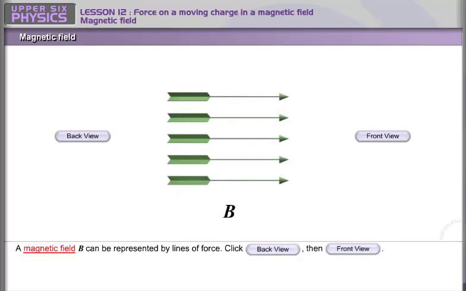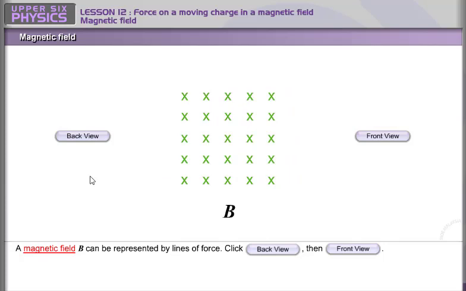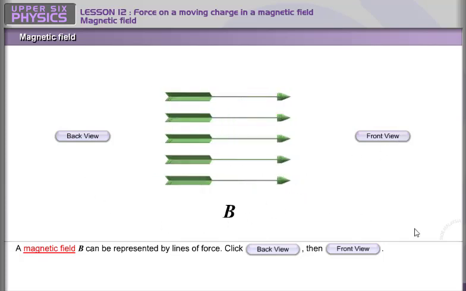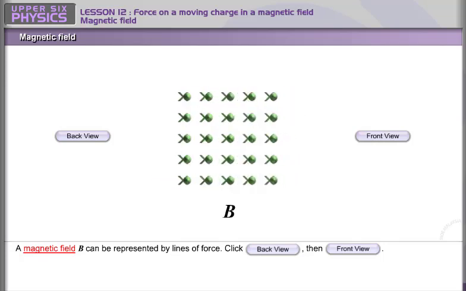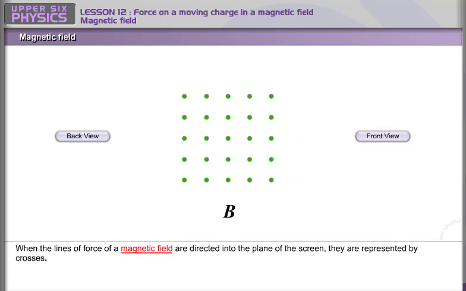A magnetic field B can be represented by lines of force. Click the back view button, then the front view button. When the lines of force of a magnetic field are directed into the plane of the screen, they are represented by crosses.